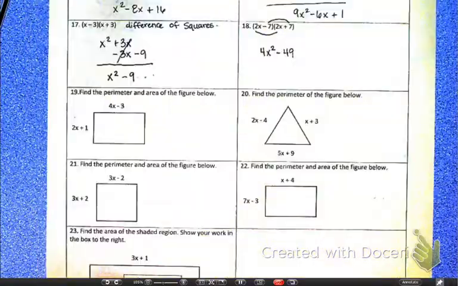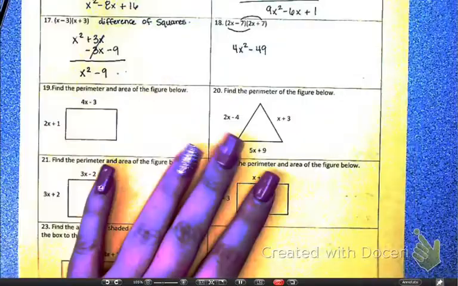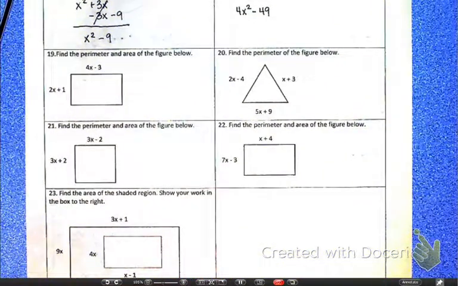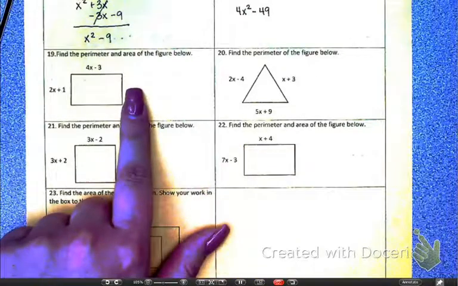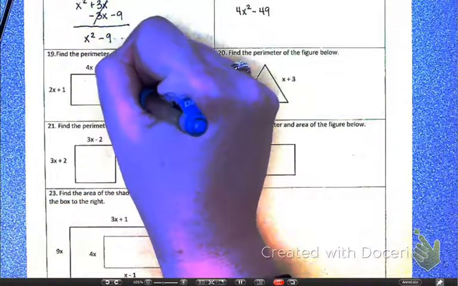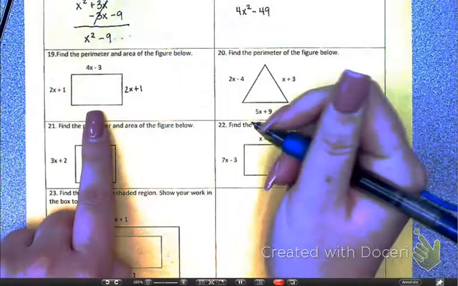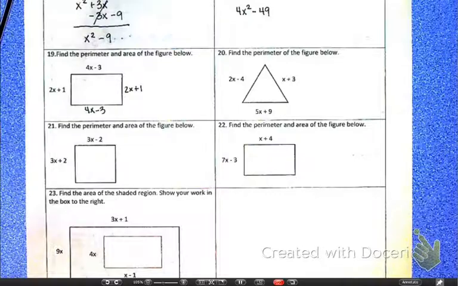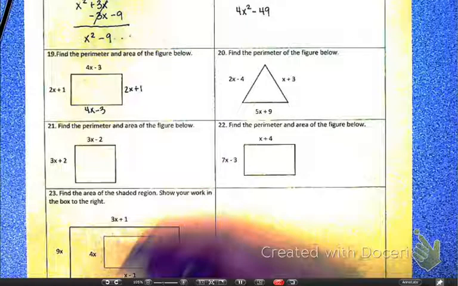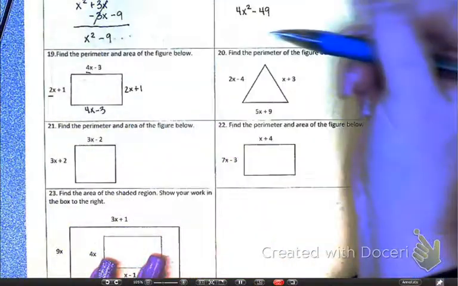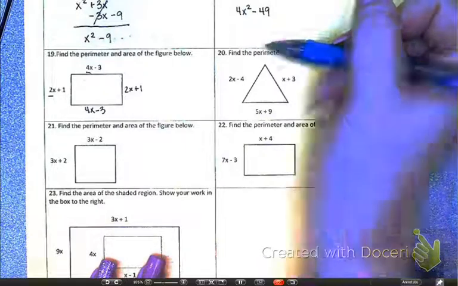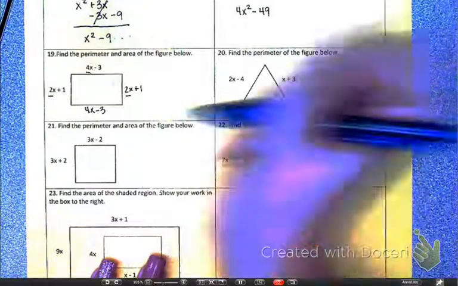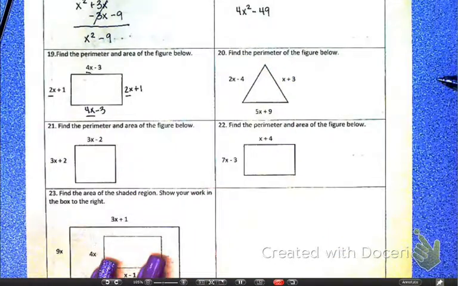So, first of all, for perimeter, how do we find the perimeter of anything? Add all the sides. Well, right now I only know 2 of the sides. What's this side going to be? 2x plus 1. And this side's going to be 4x minus 3. Now, you can write it all out, or we can literally just add our like terms, right? So, 2 plus 4 is 6, plus 2 more is 8, plus 4 more is 12.